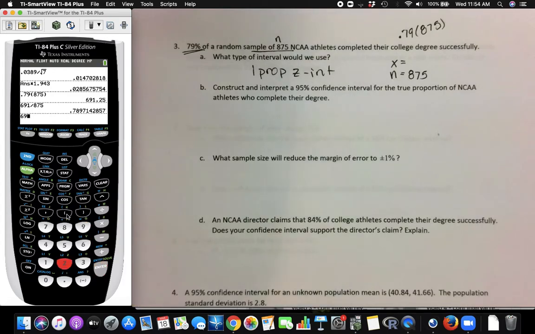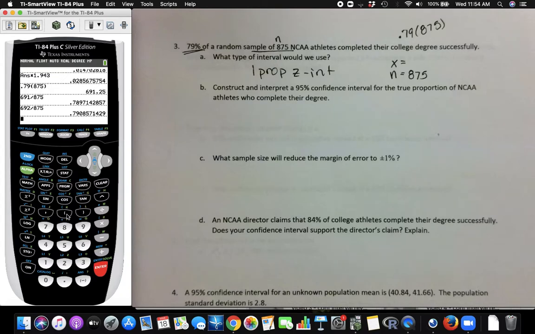If I round that up to 692 divided by 875, I get 79.08. So basically, you just want to go with whichever one is going to be closer, which you will normally get by rounding this number to the nearest whole number, because this one is only off by 0.03, whereas this one is off by 0.08.